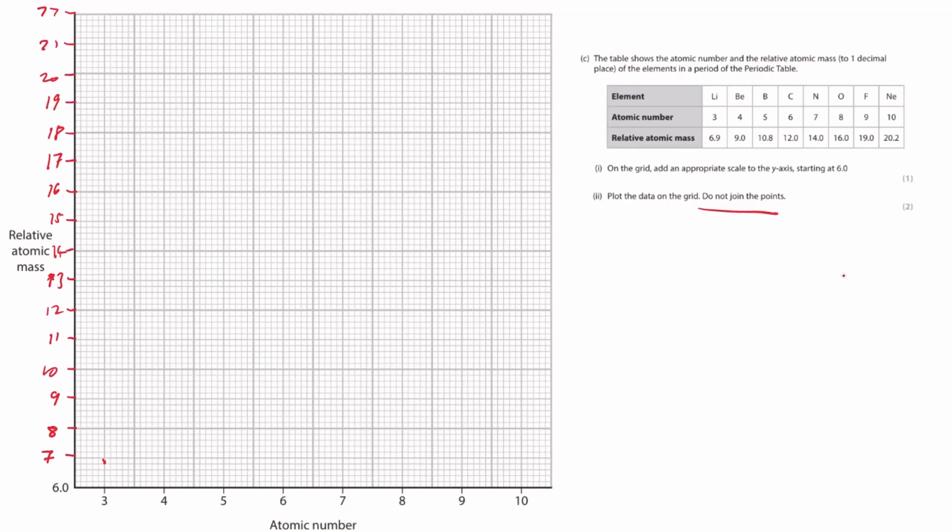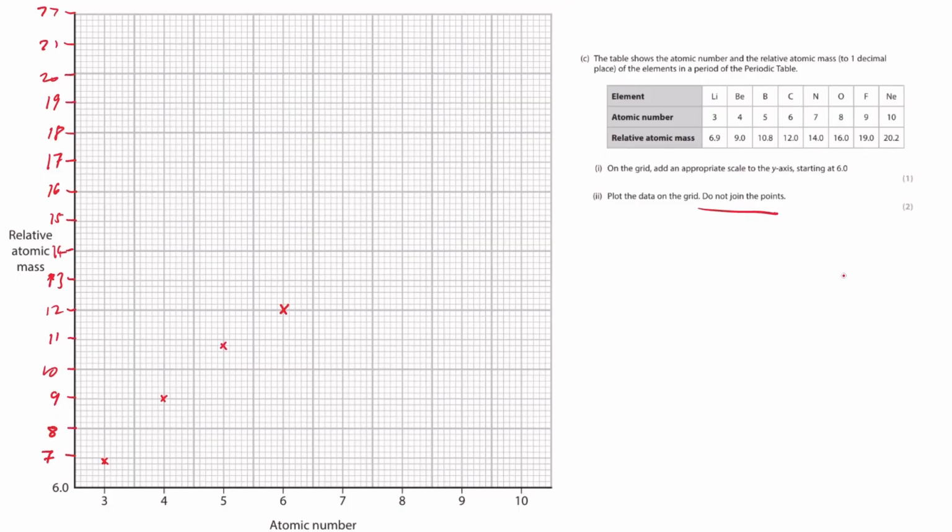Then we have 9.0 when it is 4. When it is 5, it is 10.8. 10.8 is 1, 2, 3, 4, yeah, here. When it is 6, it is 12.